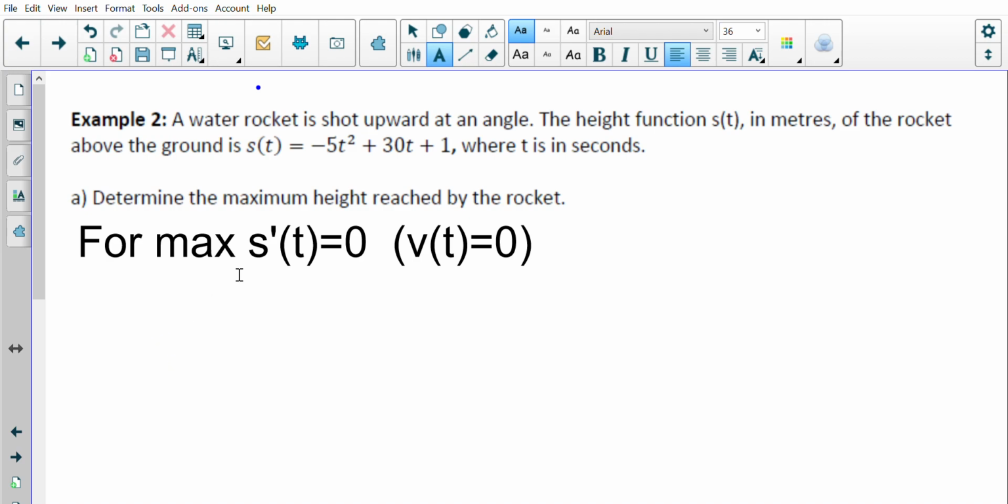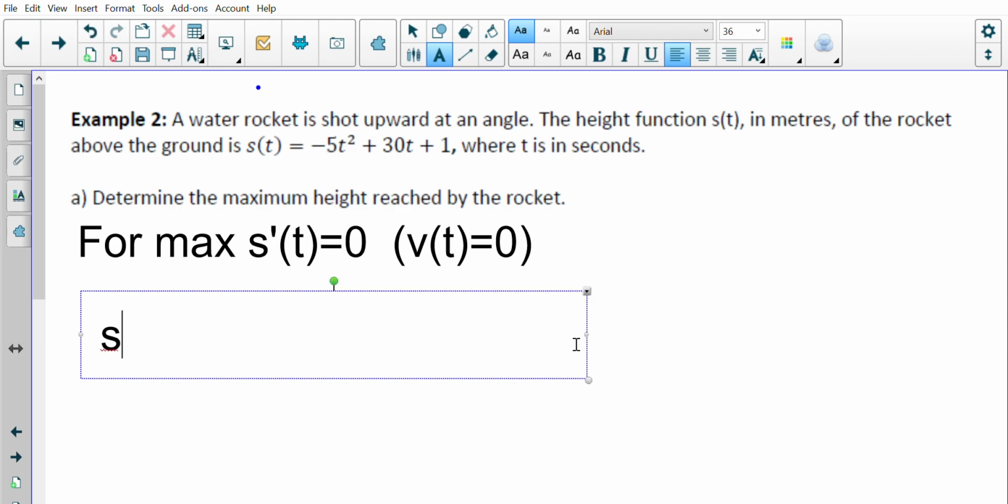And so if I find the derivative of s of t, let's find that derivative. Again, I'm just going to use the power rule. 2 times negative 5, we're going to have negative 10t, and then the derivative of 30t is just 30.